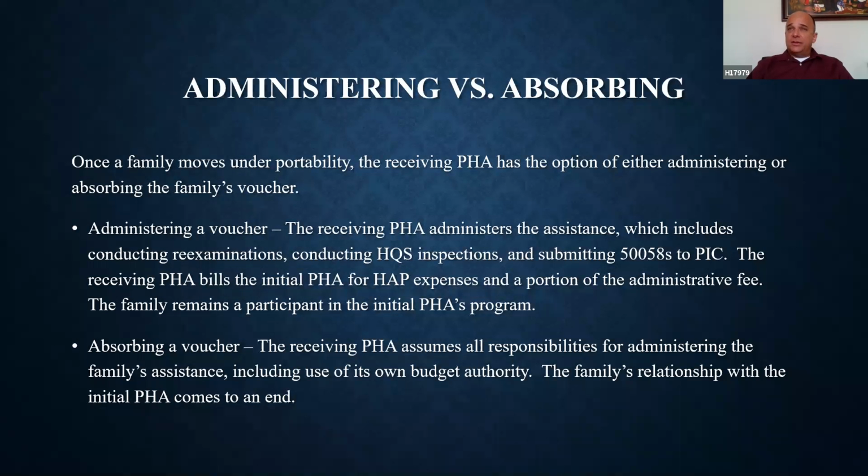The receiving PHA, and this is the receiving PHA's option, chooses whether to administer a voucher or to absorb a voucher. In a case where the receiving PHA decides to administer a voucher, what that means is that the receiving PHA conducts reexaminations, conducts HQS inspections, and submits 505(h)s to PIC, but the receiving PHA bills the initial PHA for HAP expenditures and a portion of the administrative fee.